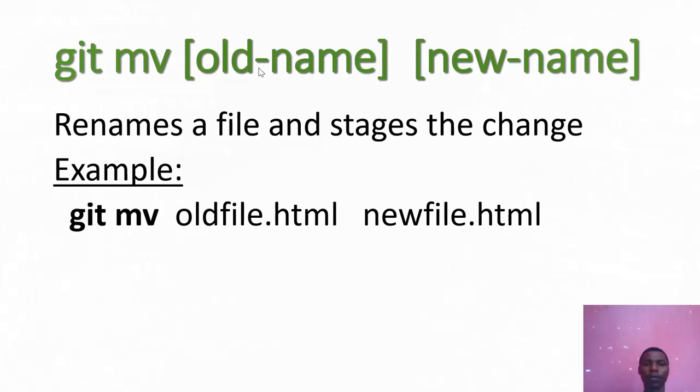Git mv old name new name renames the file and stages the changes. To rename, I give the old file name and the new file name. Don't forget the extensions.